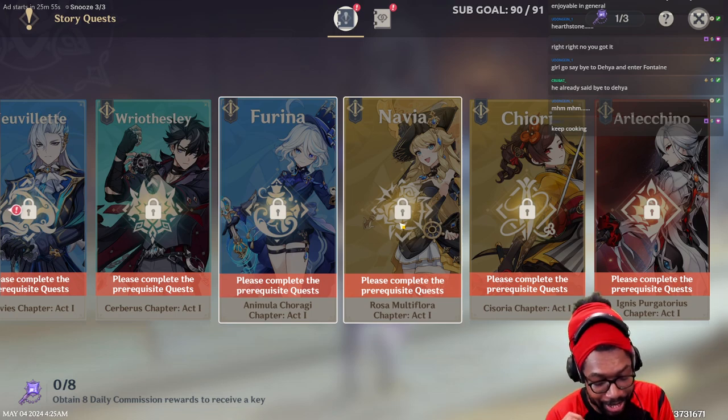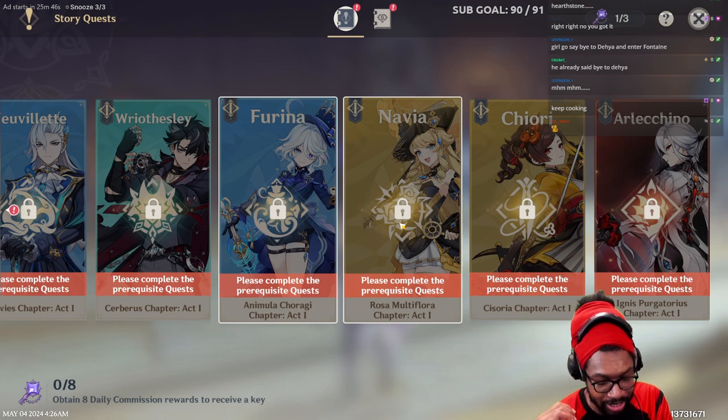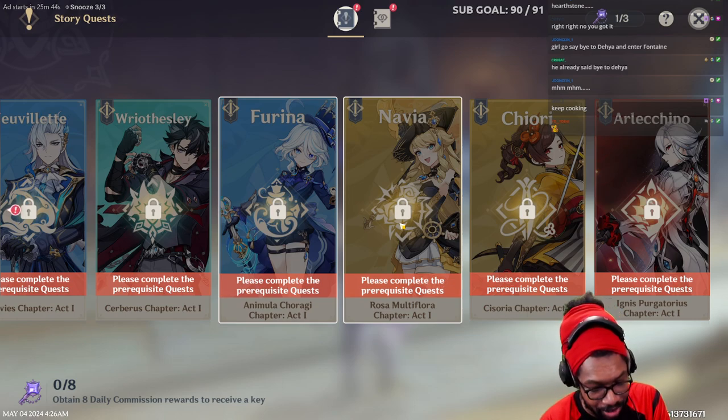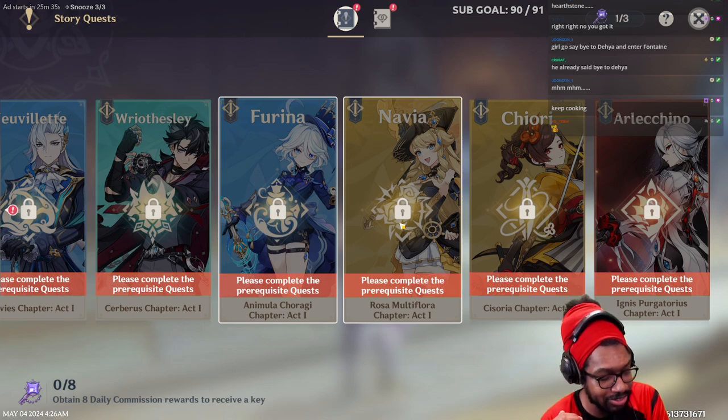Chiori lets me hide out in her beauty parlor, which is where Navia's gang is hosted. So we hang out there until Furina comes in through the back entrance, and she's like, we need to talk. So Furina and Navia join forces with me to stop the Fatui invasion.